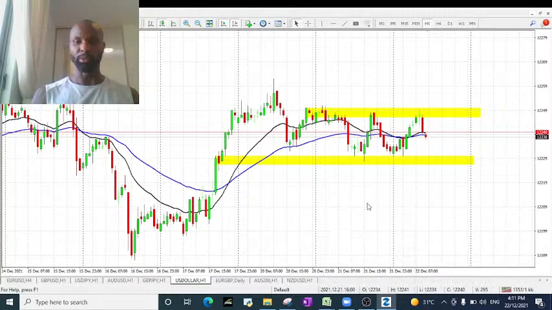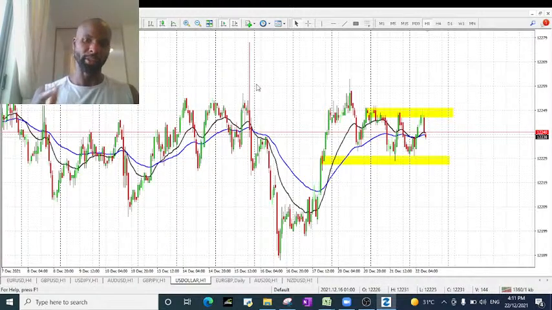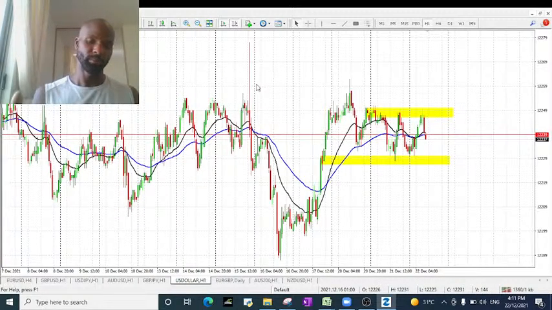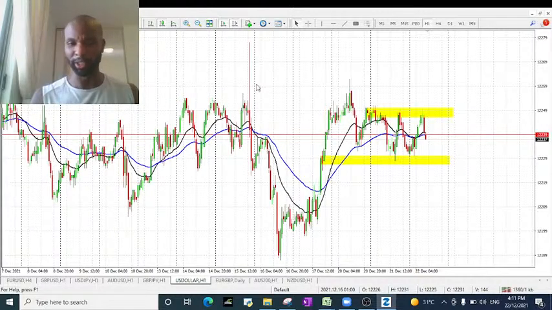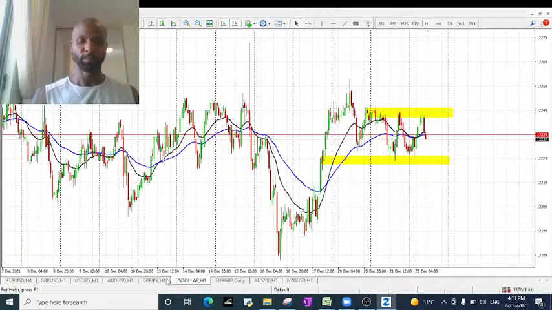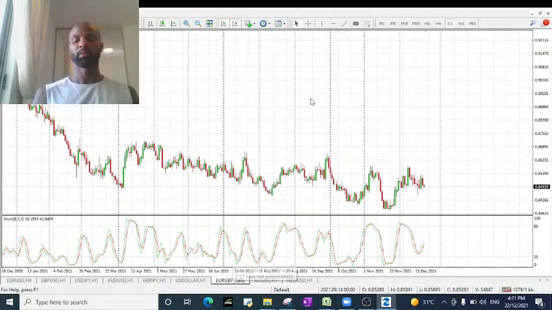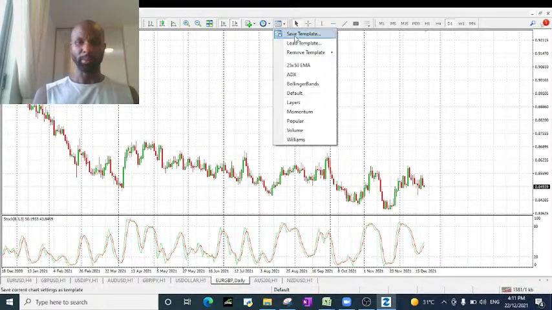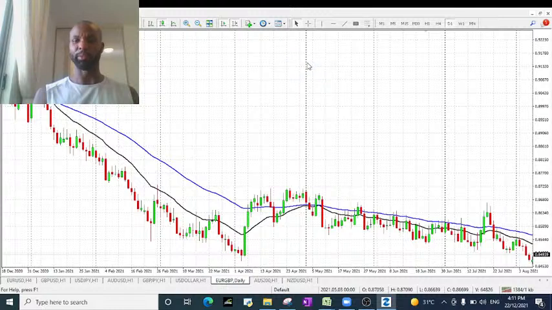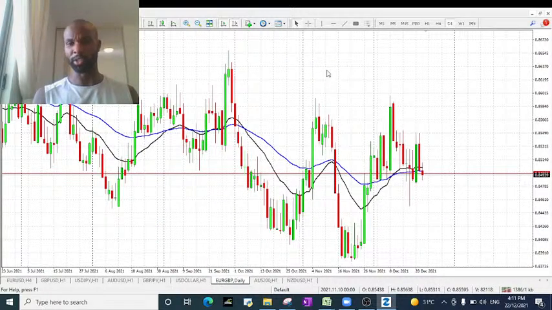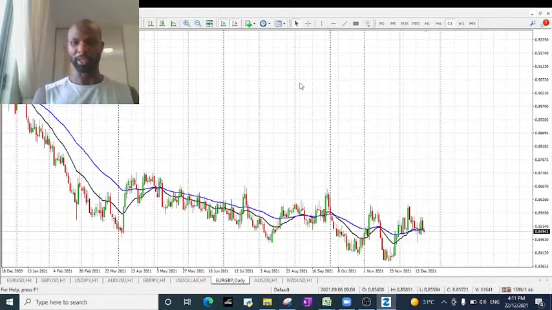Because sometimes you look at a chart and your intuition will be telling you that certain things work a certain way. But when you get to crunching the numbers, looking at the data, you get a totally different picture. Most traders, probably the reason why they are not consistent is because they haven't done the work.